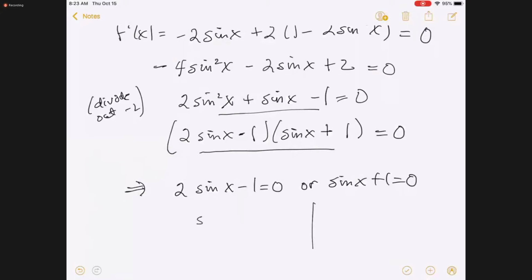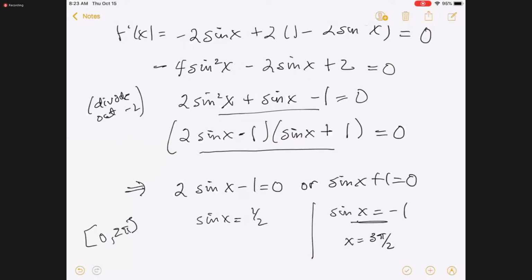So sine of x is equal to 1/2 or sine of x is equal to minus 1. Now remember, we're restricting ourselves to this interval from 0 to 2 pi. There's only one place in that interval where the sine of x is minus 1, and that's at 3 pi over 2.